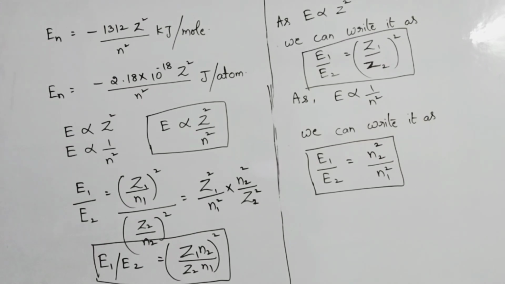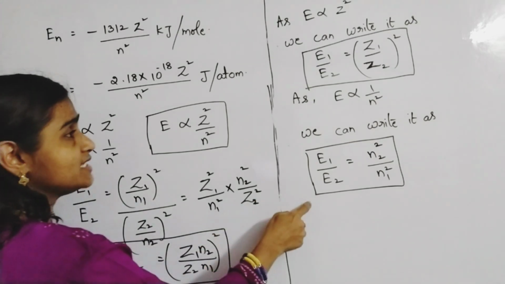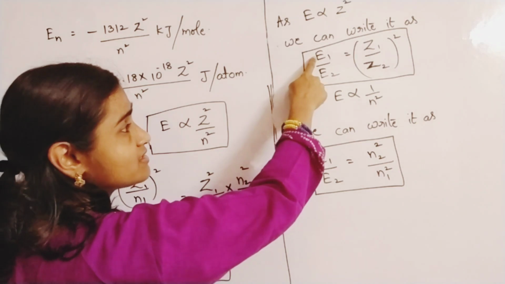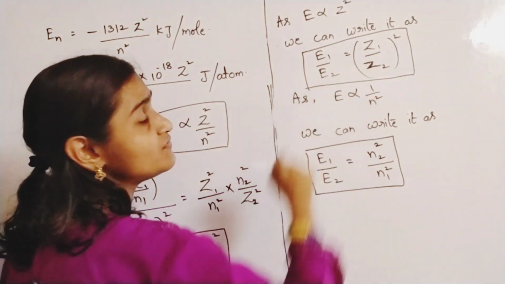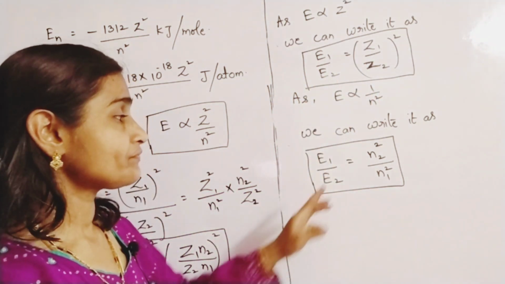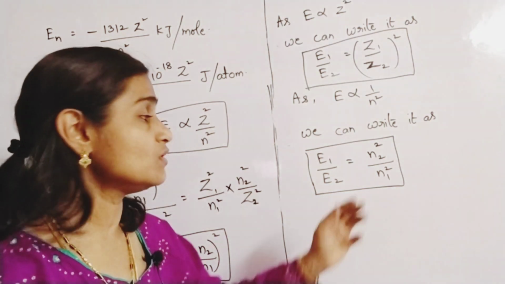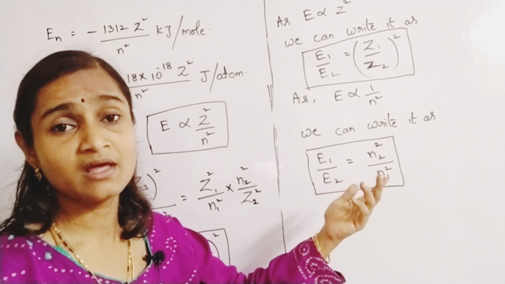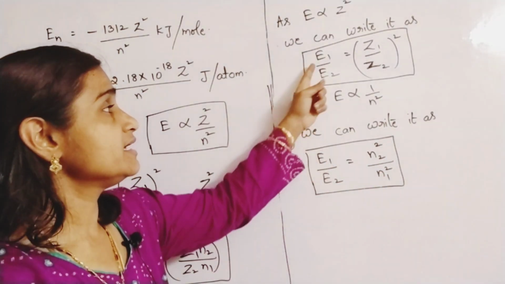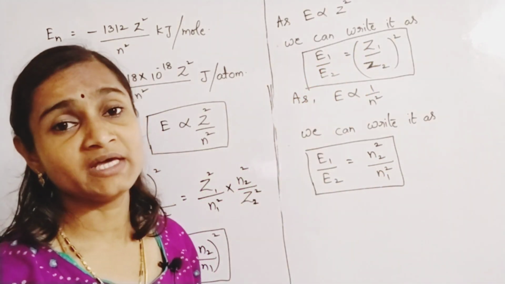From this we can say that the energy of the electron is inversely proportional to the orbit number, not radius, sorry, orbit number, and it is directly proportional to atomic number.